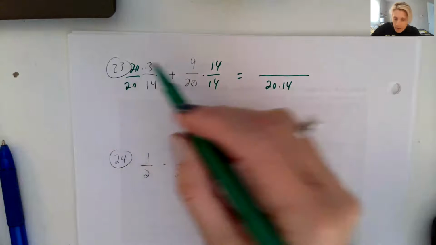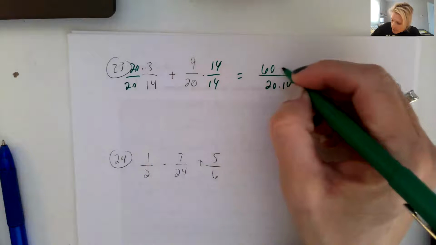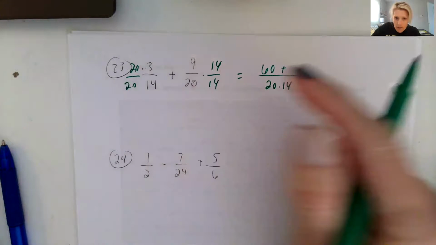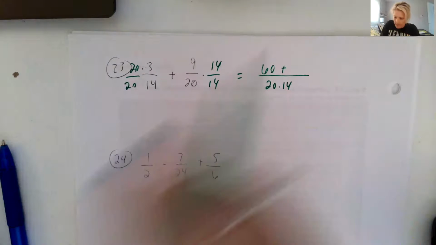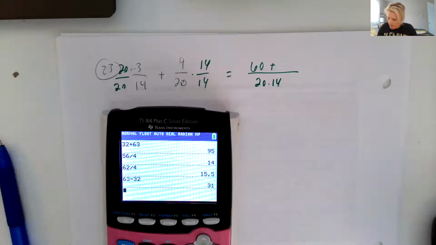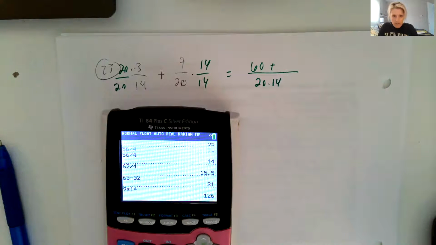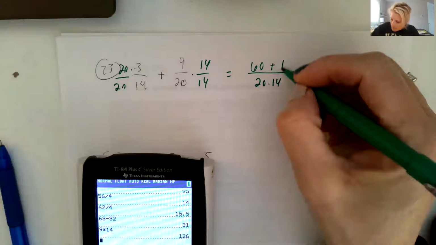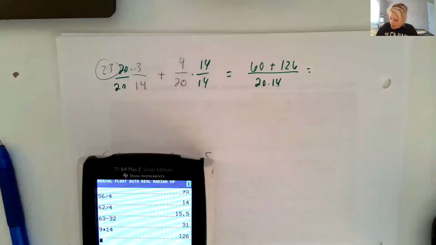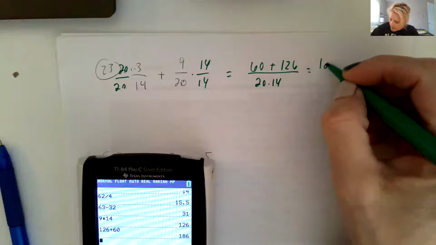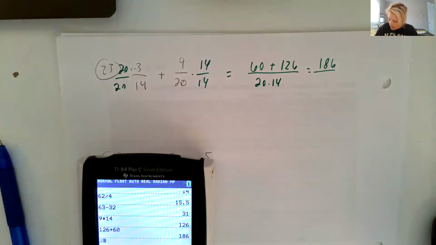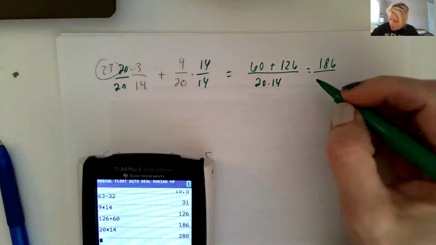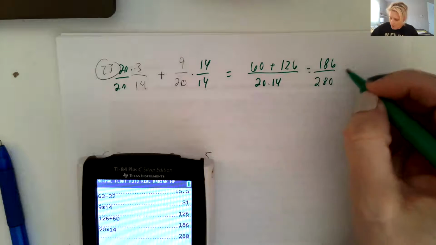So then I have 20 times 3, which is 60, plus 9 times 14, which is 126. So 126 plus 60 is 186 all over 20 times 14, which is 280.